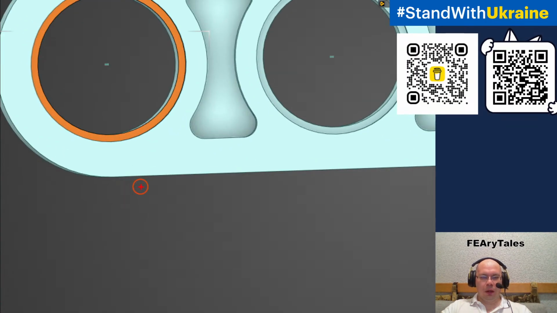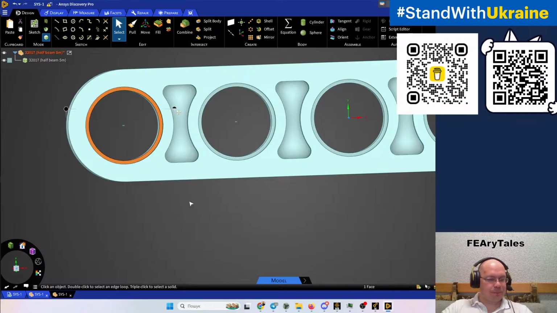If we want to create the full mesh, then we need to create additional splitting and so on by hand. So we will do it, but it's not very interesting.